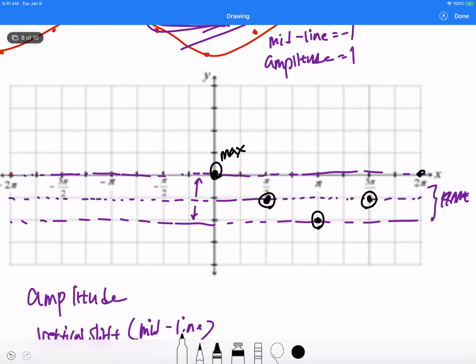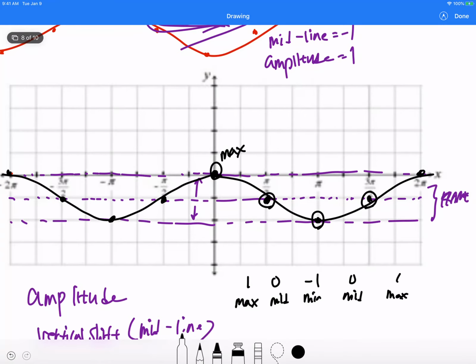In cosine, in the value context, it is 1, 0, negative 1, 0, 1, but that's simply translated as max, mid, min, mid, and then max. So those are your 5 values, and then I'm going to connect the dots, and I'm going to get the graph looking like that. Then I do the same rule here, mid, min, mid, max, and then you get this graph like that.